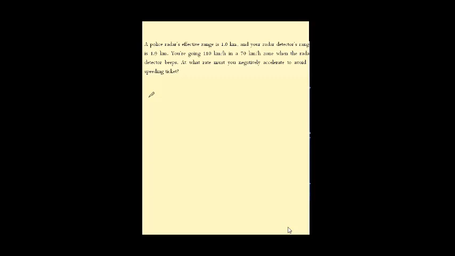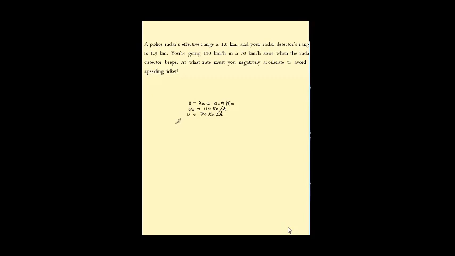So the driver has 0.9 kilometers; x minus x0 in this case is 0.9 kilometers. He has only 0.9 kilometers to decrease his velocity from v0 equals 110 kilometers per hour to v equals 70 kilometers per hour.